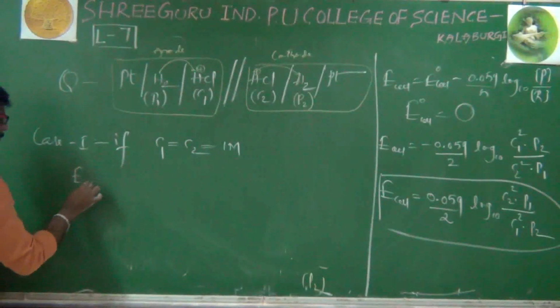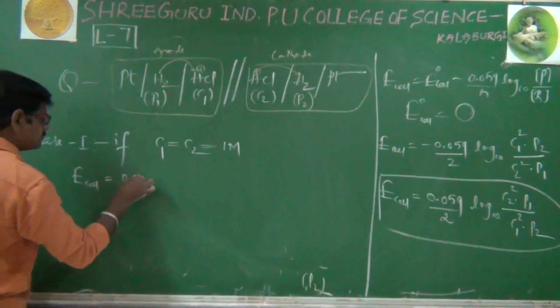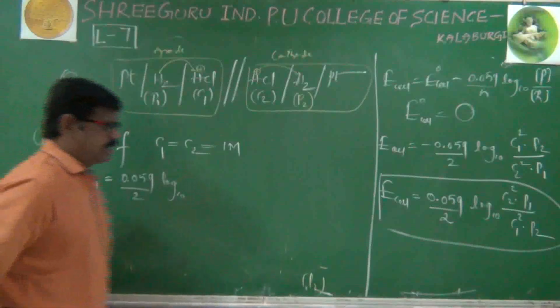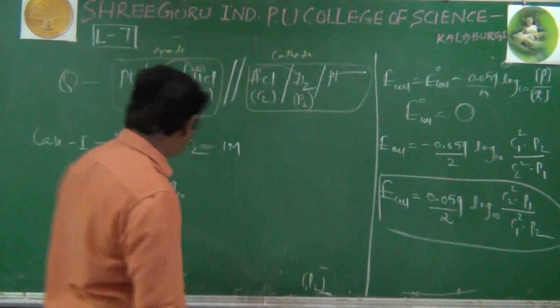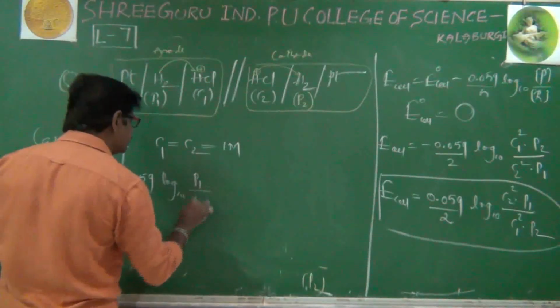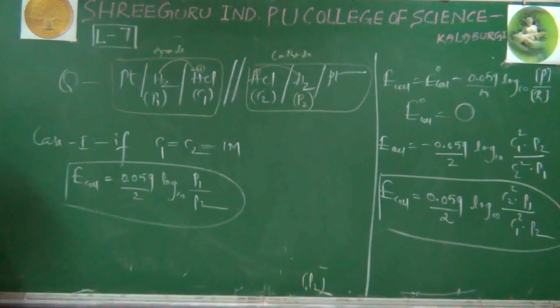E cell is equal to 0.059 by 2 log base 10. If C1 and C2 are the same, only P1 and P2 are left. That's why log base 10 of P1 divided by P2. That's it. This is case 1.